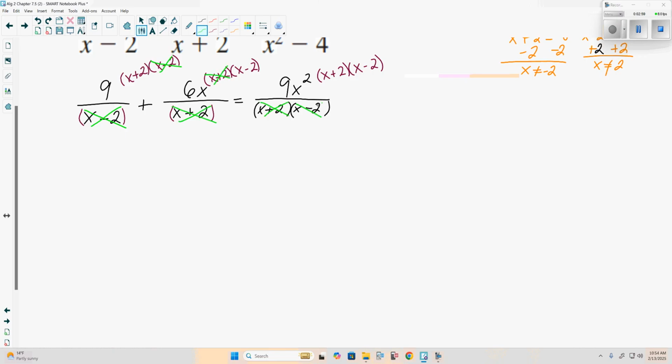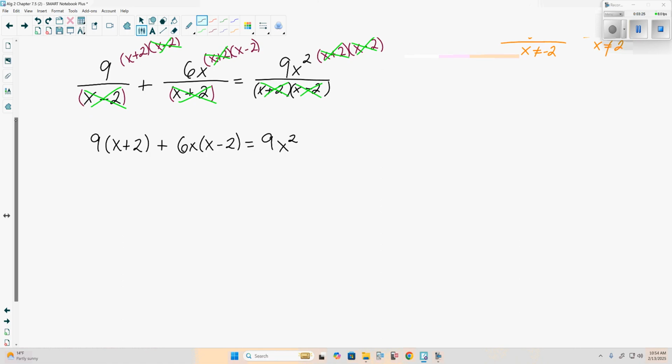And here, both will cancel. So multiplying through by 1 x plus 2 and 1 x minus 2 did simplify every denominator. So that's all we need. What we're left with is 9 times x plus 2 plus 6x times x minus 2 is equal to 9x squared. So the far side, our third rational expression, just simplified to the numerator, which is kind of nice.